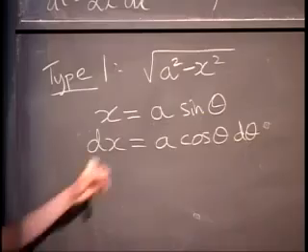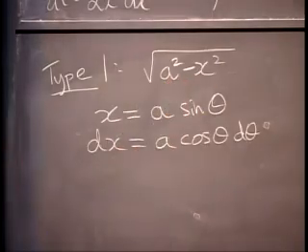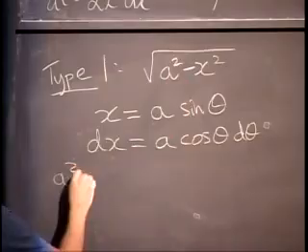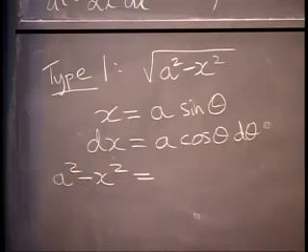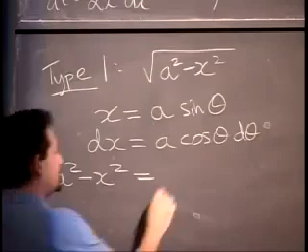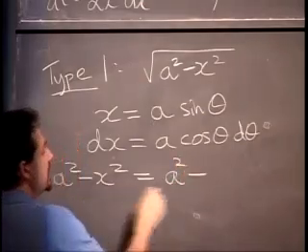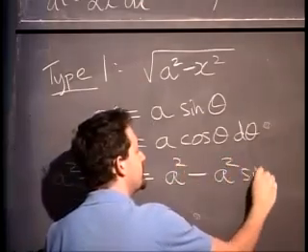Well, notice that you have to take a square root of a squared minus x squared. So let's just look at the quantity a squared minus x squared. Well, a squared is a squared, but x squared is a squared sine squared theta.